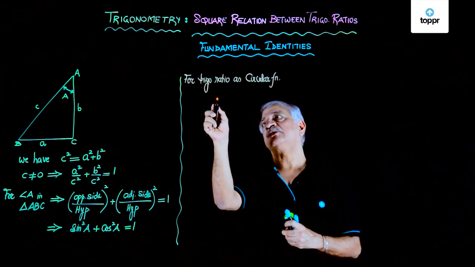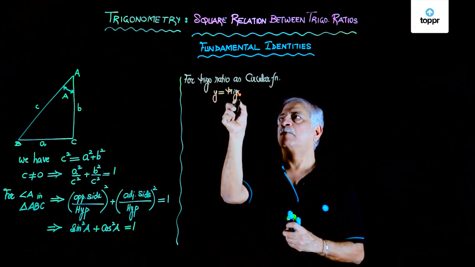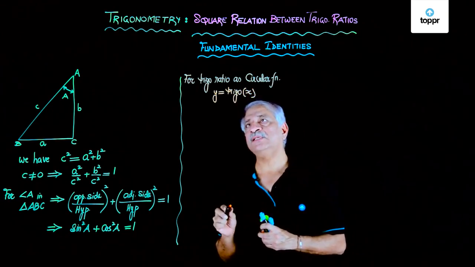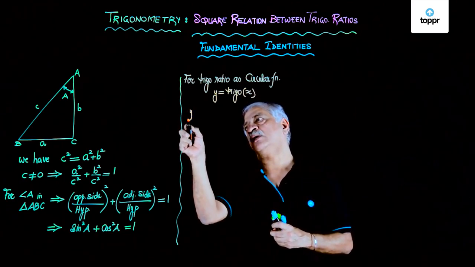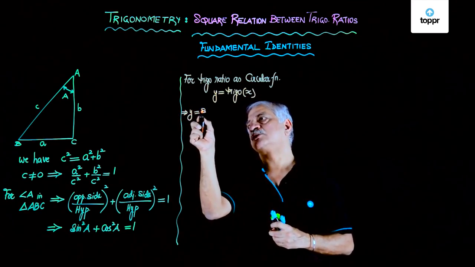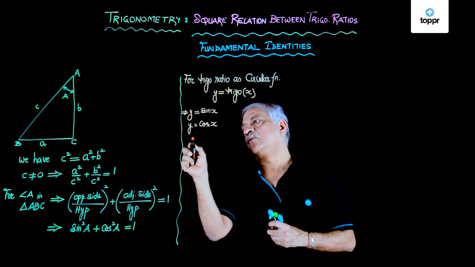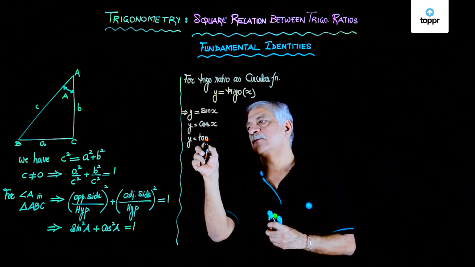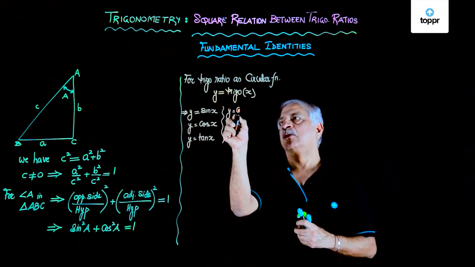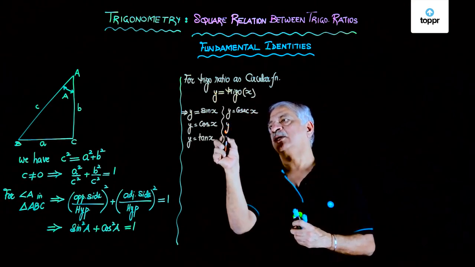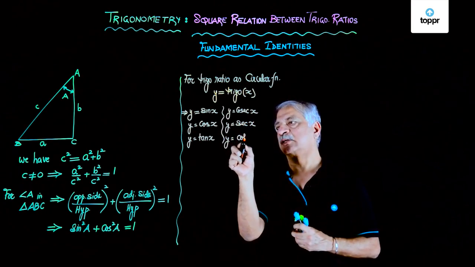If I say circular function as y is equal to trigo x, by saying trigo x, we cover all the 6 trigonometric functions where we say y is equal to sin x, y is equal to cos x, y is equal to tan x, and I have their reciprocal functions as y is equal to cosec x, y is equal to sec x, and y is equal to cot x.